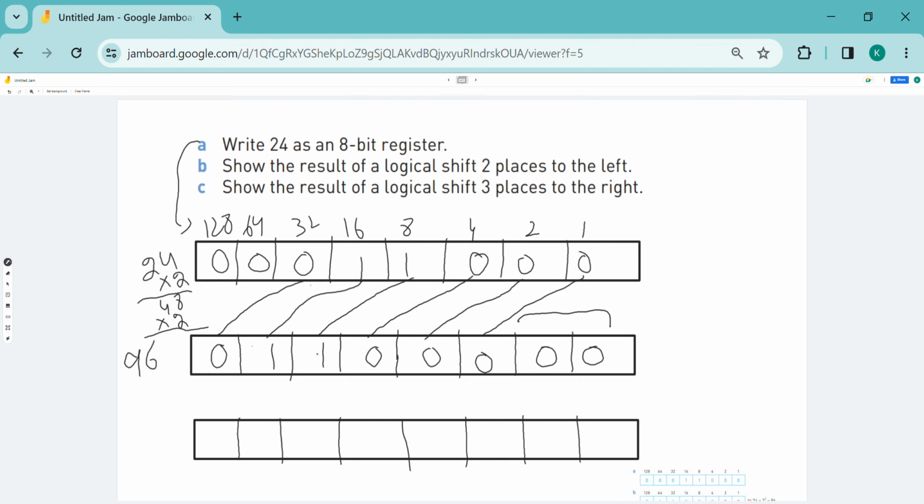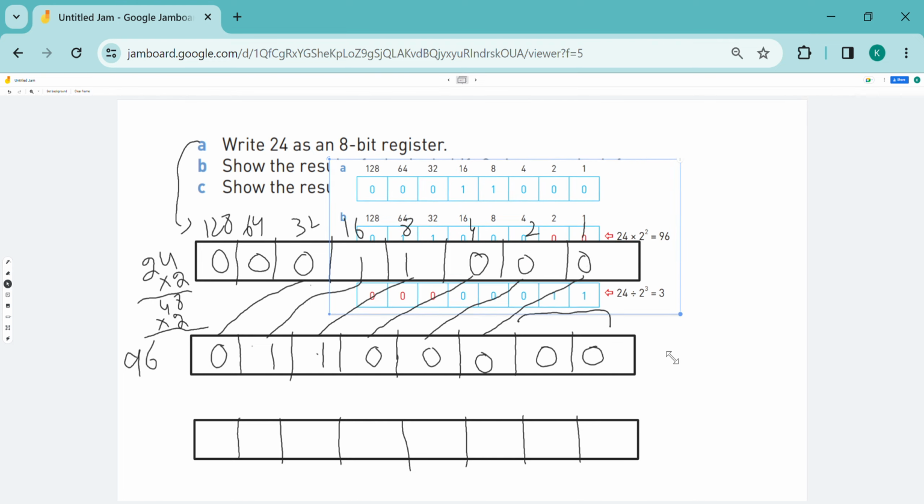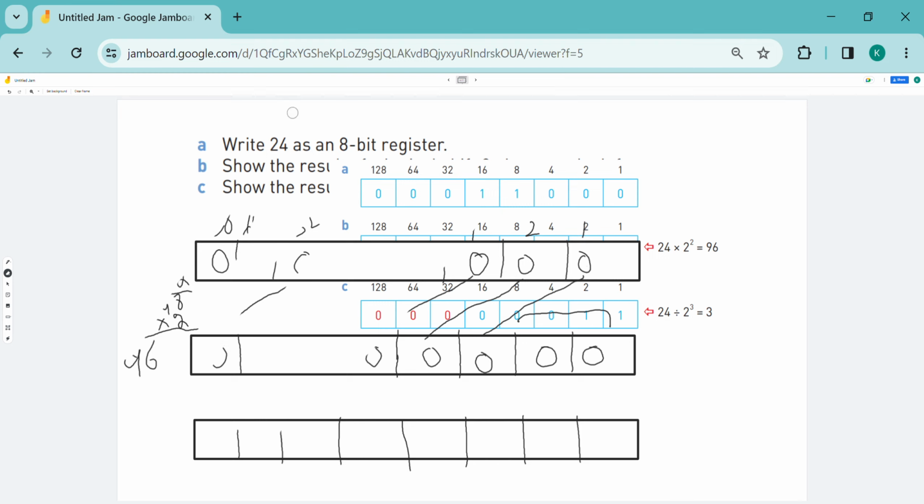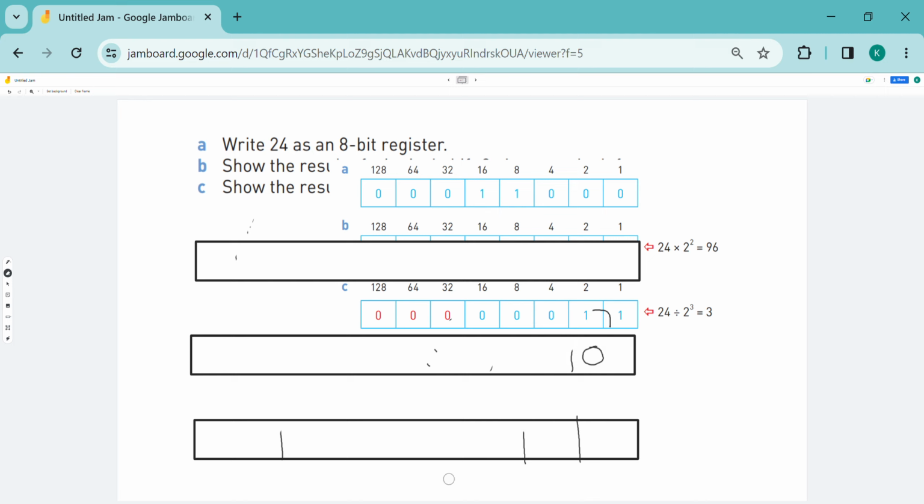I am showing you a solution set of this question so that you would be able to get the idea of how I am going to solve it. Let's erase the rest of the things so that it is quite clear how we are going to implement the shifts on this number 24.